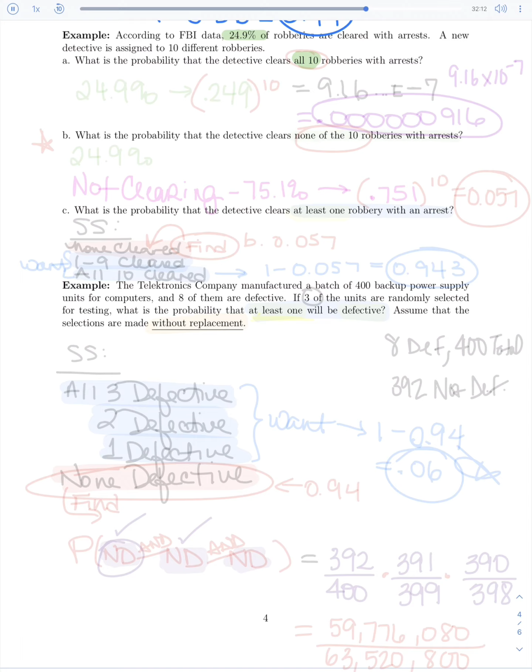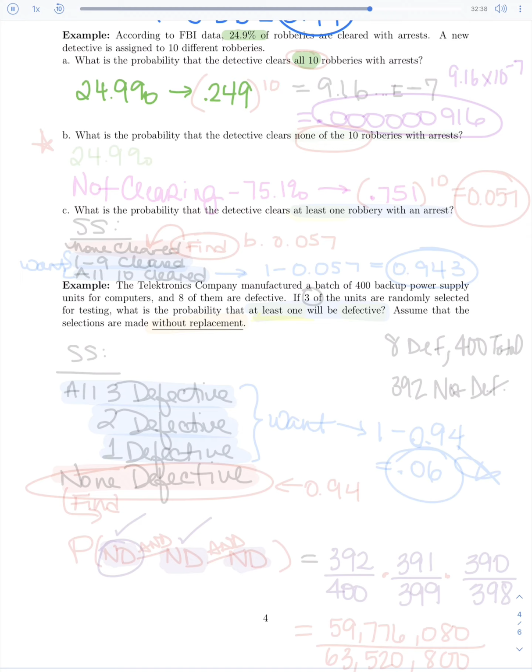So what it would look like here is we would have the 24.9% as a decimal. The 24.9% would turn into 0.249.